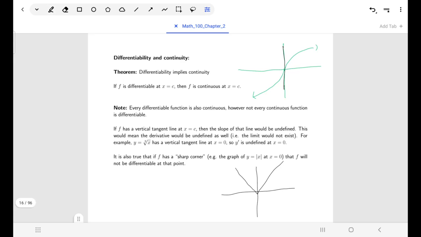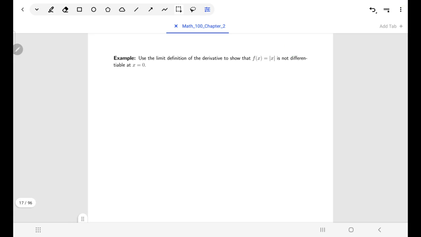So let's actually show that. Let's find our derivative at x equals 0, or try to rather, and we're going to use the limit definition to let that happen.